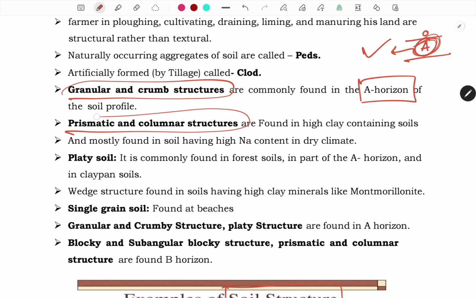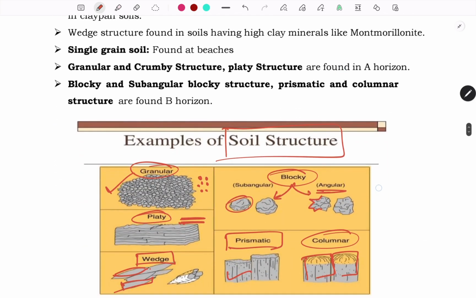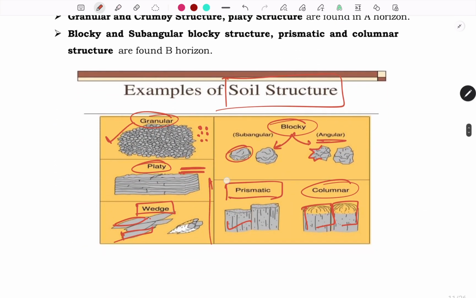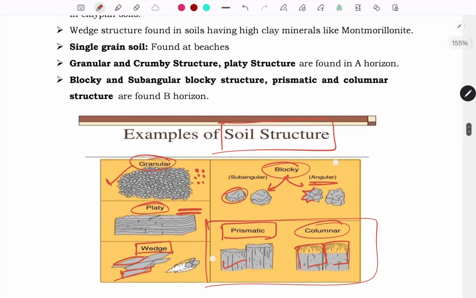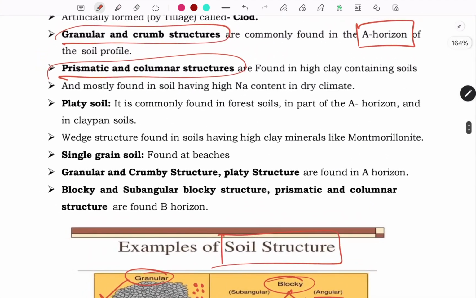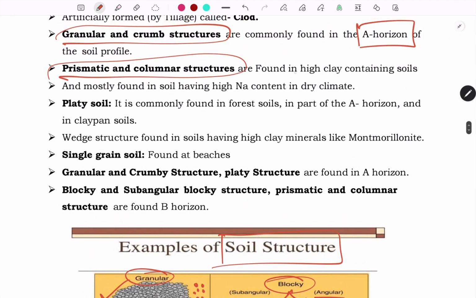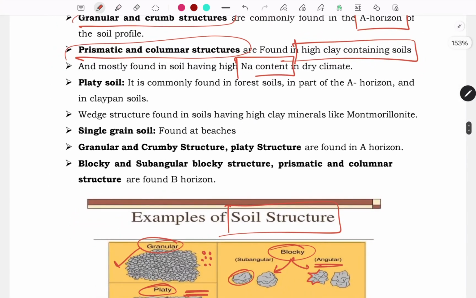In the prismatic or columnar structure, these two types are found in high clay containing soil, and mostly in soil having sodium content. The platy, plate-like structure is commonly found in forest soil of the A horizon.